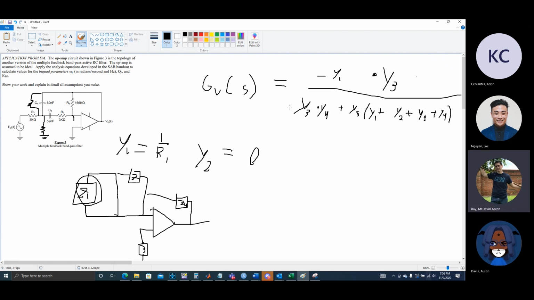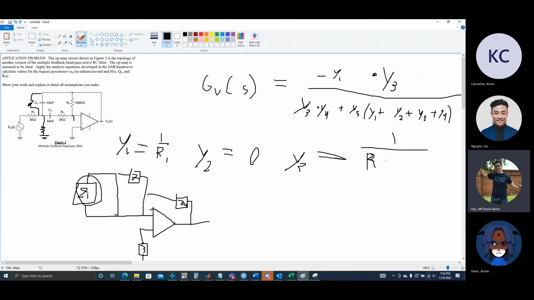But then from here, your y3 is going to equal... Oh, okay, yeah. So this is just like what I was talking about, where you have R3 in parallel with C3. Oh, wait, okay, no, it adds them in series, but then it takes the admittance of that value.